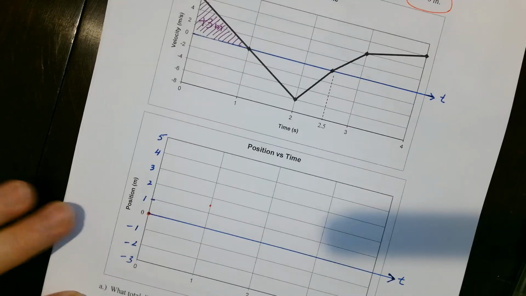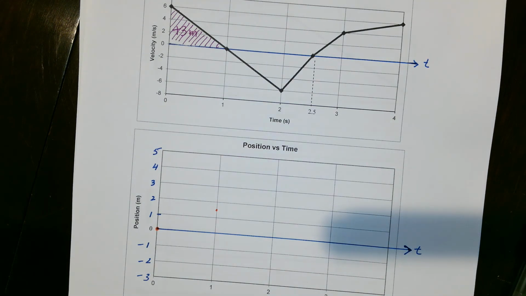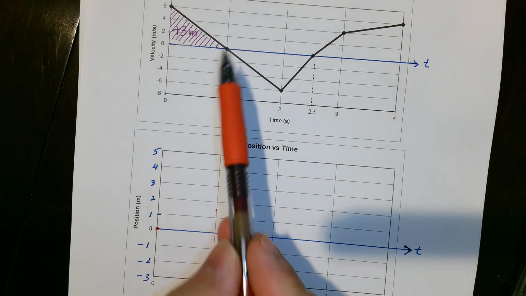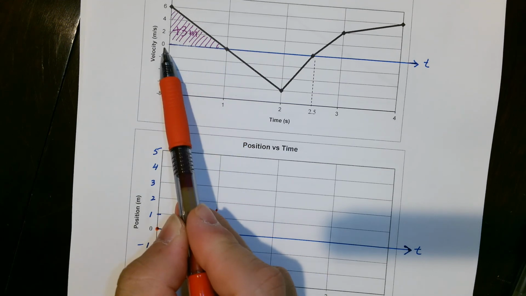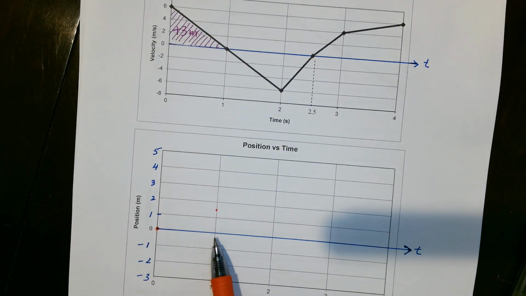Now, what is the velocity value at 1 second? Raymond, what would you say? Velocity value at 1 second. 0. That is correct. So what should the slope value be at 1 second for the position versus time? 0.